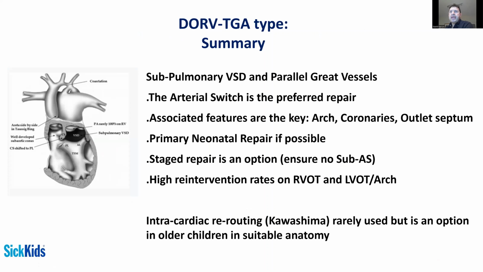I think primary neonatal repair, if possible, is the best way to approach this. But staged repair is perfectly reasonable. And if you're going to do so, be sure you're not leaving them with subaortic stenosis. It's inevitable that intervention rates will be relatively high compared to regular transposition. And intracardiac rerouting is rarely used, but is an option for older children.